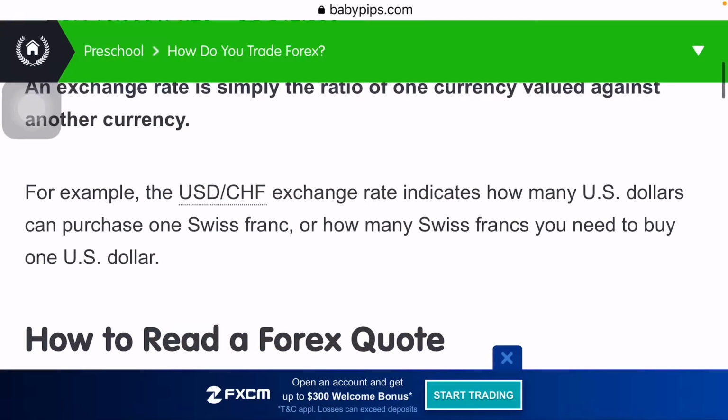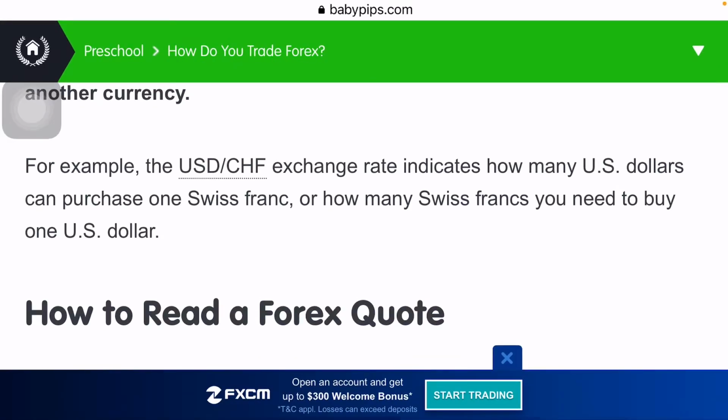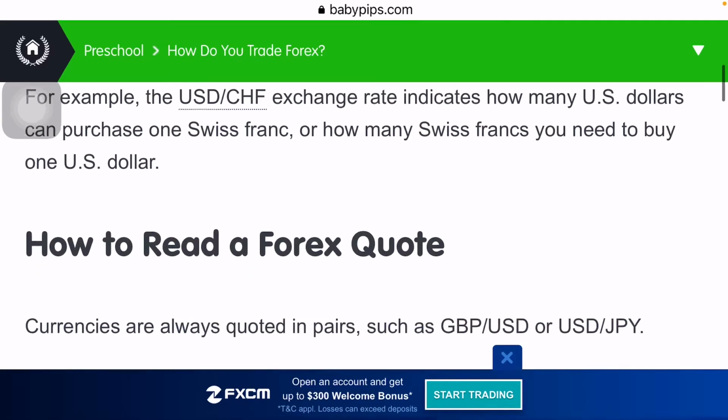So for example, the USD/CHF exchange rate indicates how many US dollars can purchase one Swiss franc, or how many Swiss francs you need to buy one US dollar.